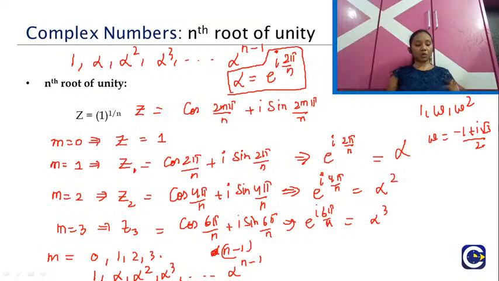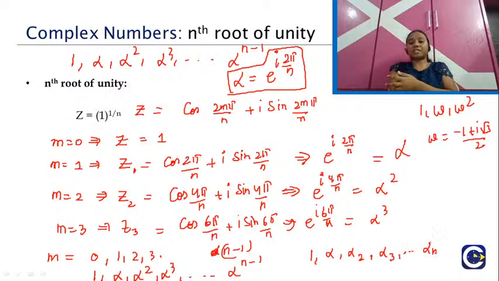So in some questions, they might represent these roots like 1, alpha, alpha subscript 2, alpha subscript 3. So in some cases, they will be representing like this. This doesn't mean anything different. This will be the same as our 1 and alpha. Alpha 2 is nothing but alpha square.